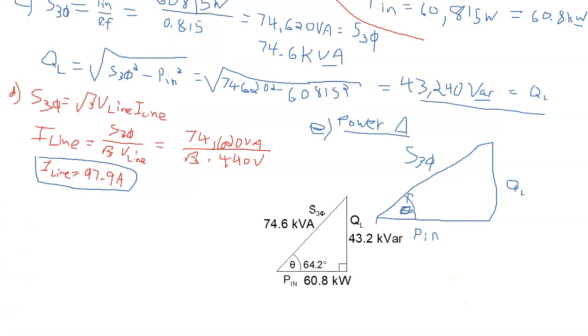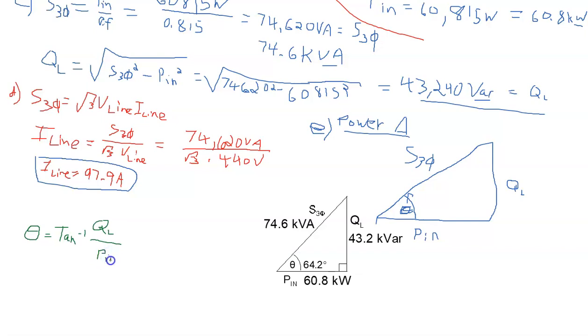And so for theta, any of the trig identities can be used to calculate it. And I always use tangent because I found that if you calculate the same way every time, you're much less likely to make a mistake. So it's the inverse tangent of the vertical component, which here is QL, divided by the horizontal component, which here is P in.